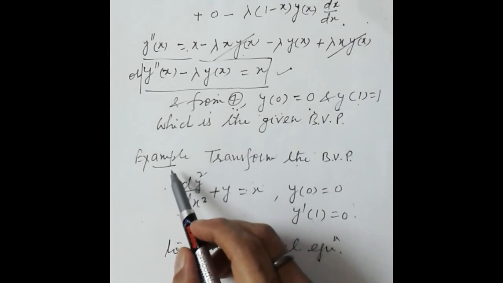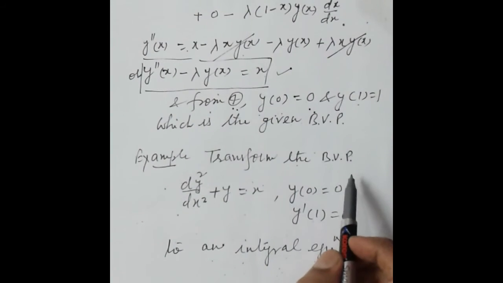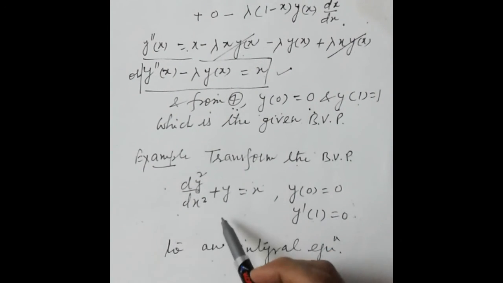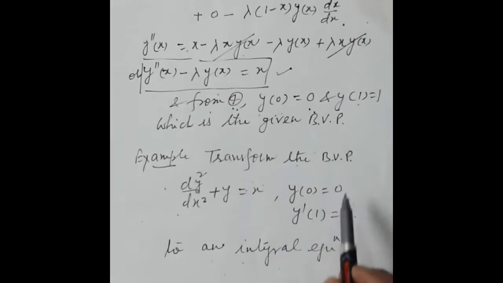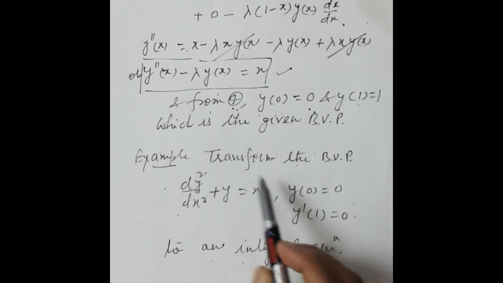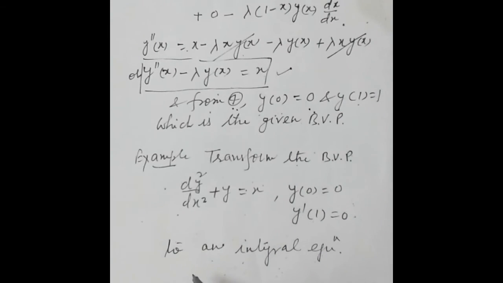Now one more example: transform the boundary value problem d²y/dx² + y = x, with boundary conditions y(0) = 0, y'(1) = 0, to an integral equation. That means transform this boundary value problem to a Fredholm integral equation of second kind.